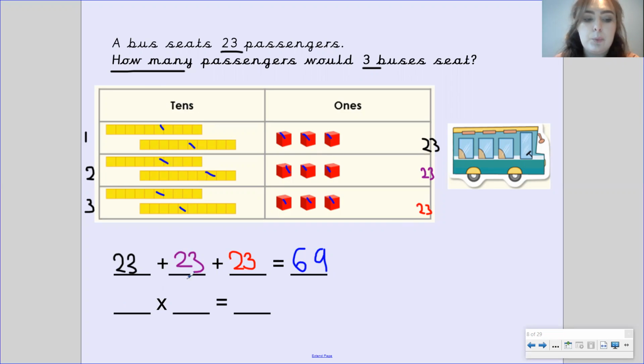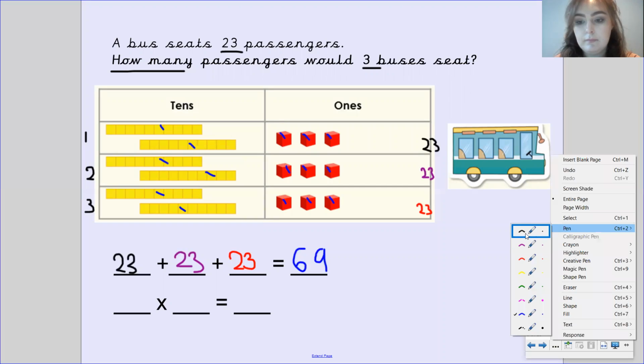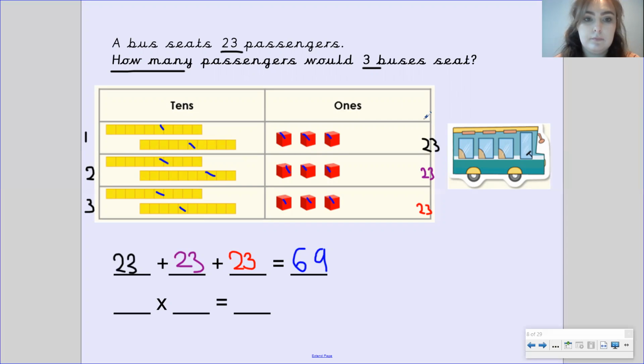Now, how could we write that as a multiplication number sentence? On your whiteboard, I want you to have a go and write down what you think. So pause the video here to have a go at writing a multiplication number sentence. Okay, so we know that we have 3 groups. So we're going to be timesing it by 3 because there are 3 buses.